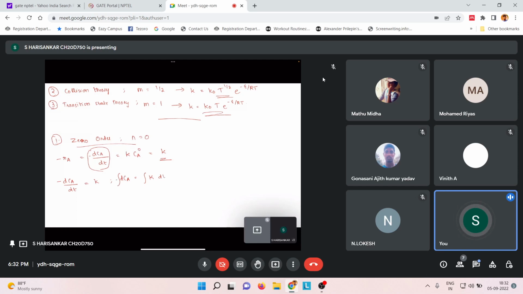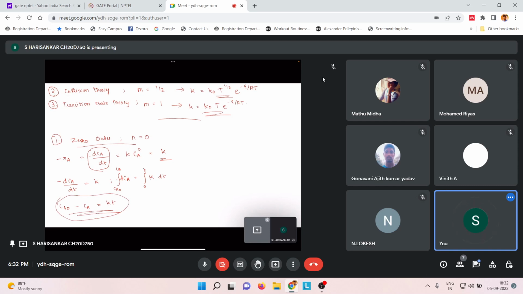Now this CA will vary from CA0, which is the initial concentration, to CA, which is the final concentration. And dt will vary from 0, when time t is equal to 0, to time t. So just integrate this. We'll get the final answer as CA0 minus CA is equal to Kt. So this is the general equation for a zero order reaction.